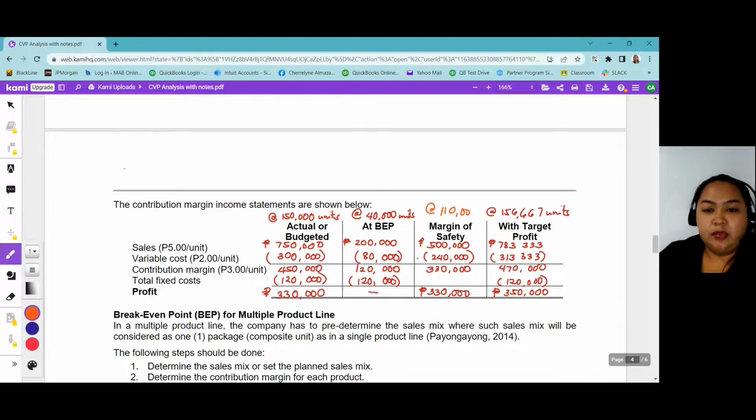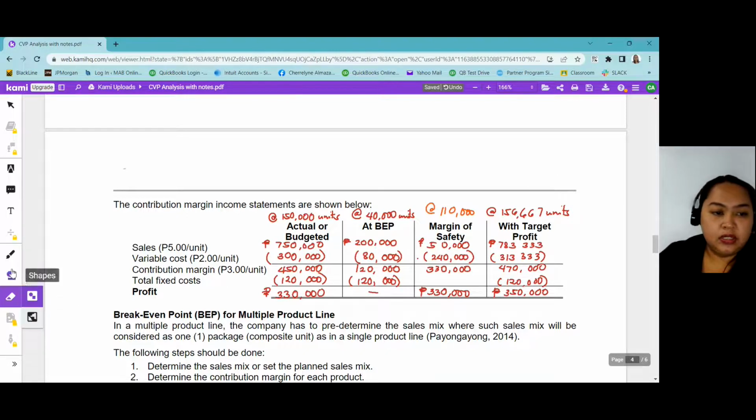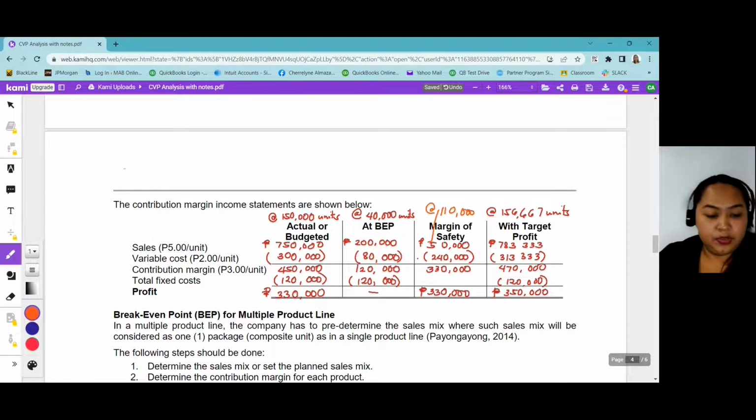Let me just correct some of the amounts. So this one is at 550. Oops, sorry. Kasi 110 times 5 pesos. And this one is at 220. Okay? Yeah. 250 less 220 is 330.